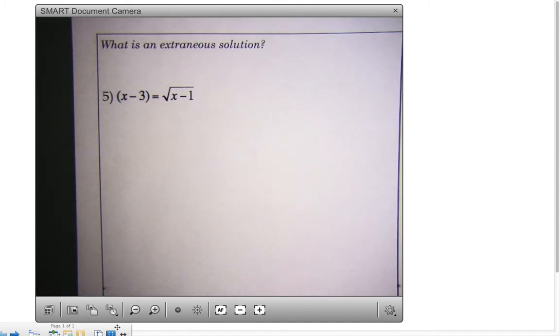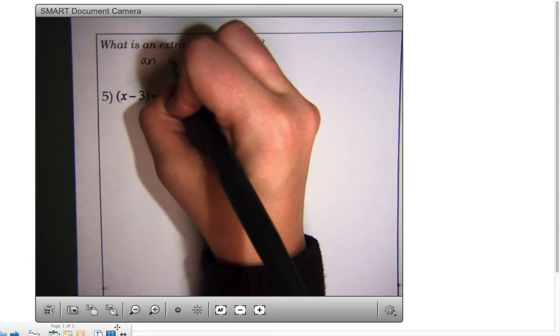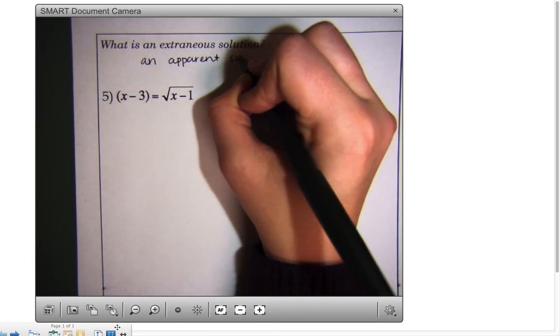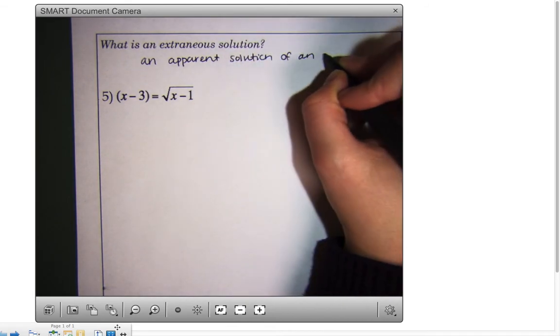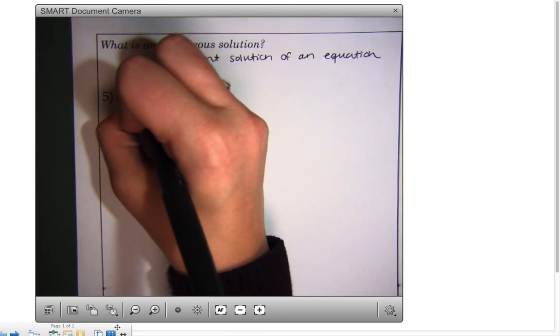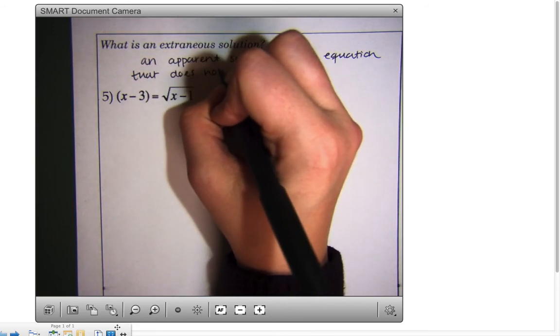All right, so let's talk about something called an extraneous solution. This is what we call a solution that doesn't actually end up working. So it's an apparent solution. We think it's going to work, but it does not satisfy the original equation.